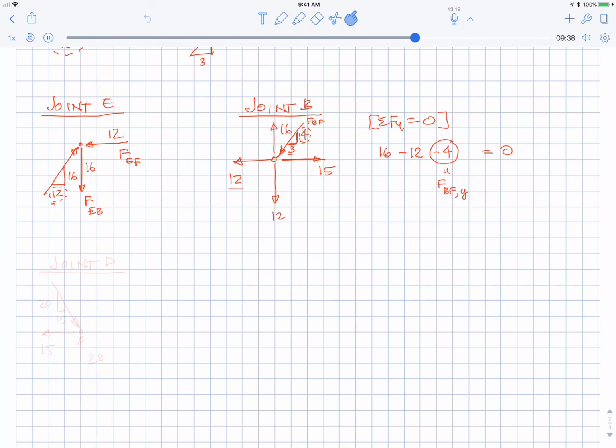Here's the free body diagram for joint D. We have the 20 coming up. We have the 15 pulling away. And then we have this unknown force here. These had better be the x and y components of 15 and 20, and those had better be in the ratio of 3 to 4, which they are.